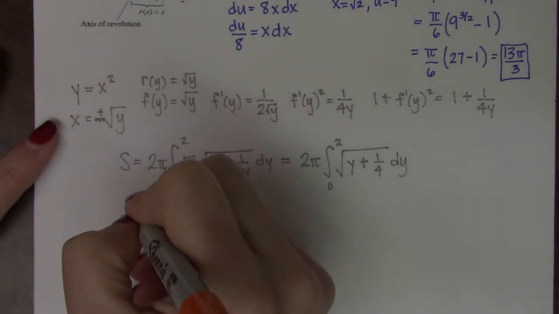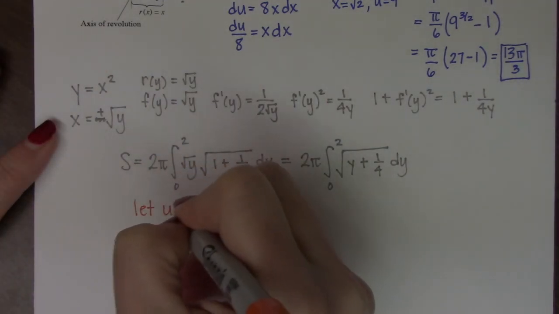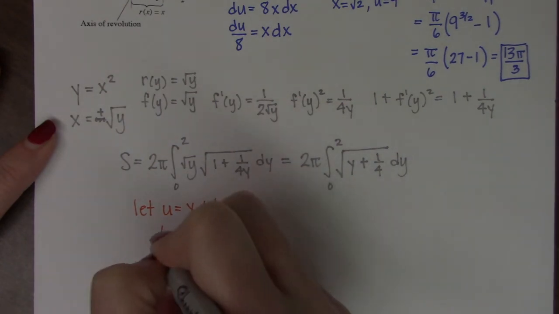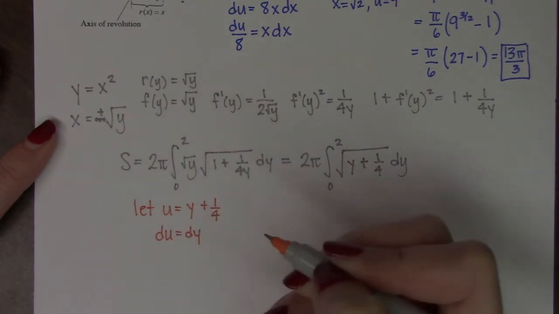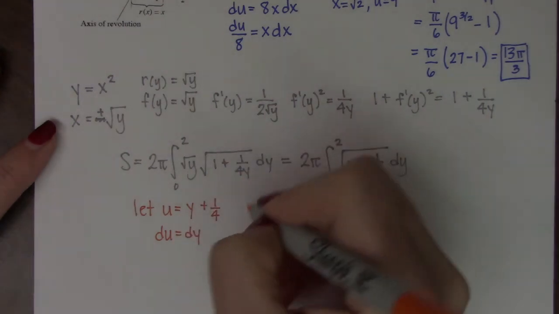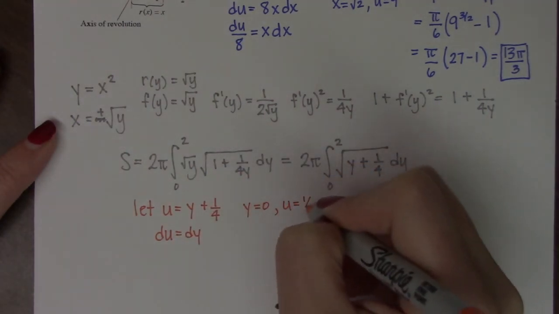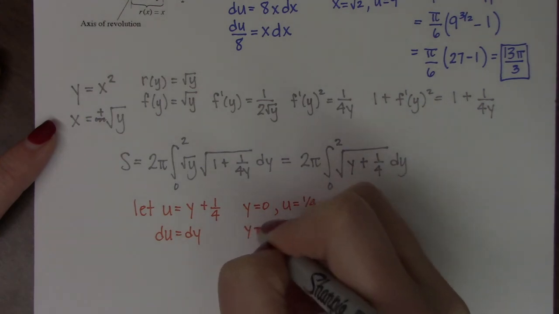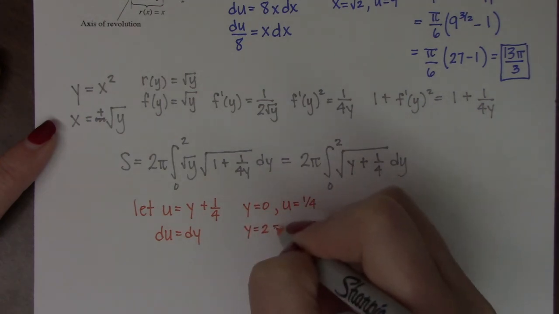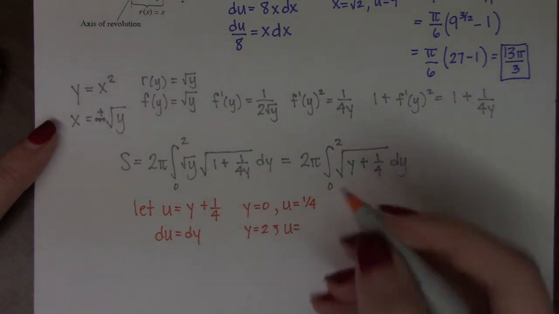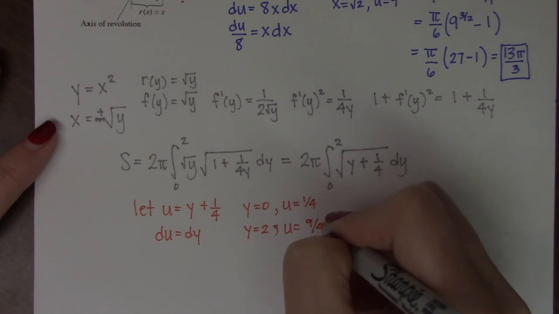If we want to u-sub this, we'd say, let u equal y plus 1/4. du is just dy. And if I change the bounds, when y equals 0, u is 1/4. And when y equals 2, u is going to be 2 plus 1/4, so that's 8 over 4 plus 1/4, so we get 9/4.